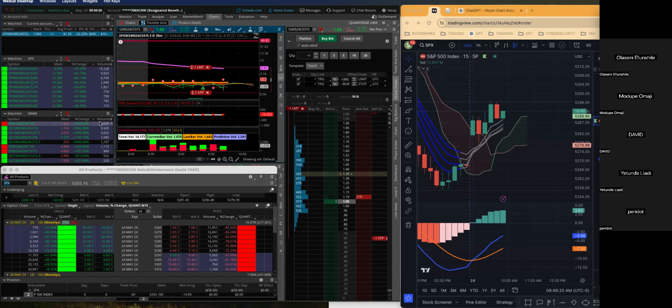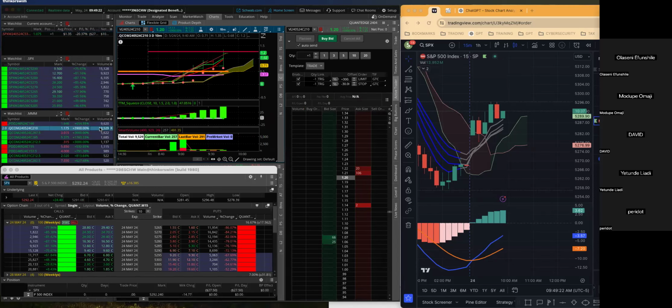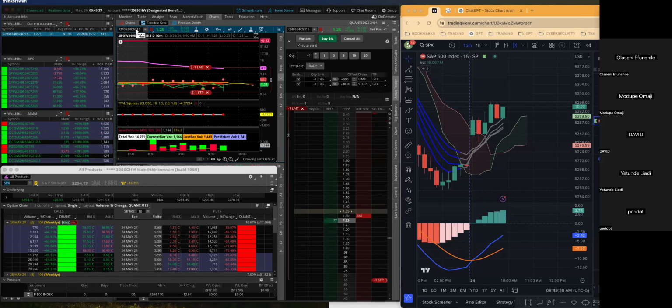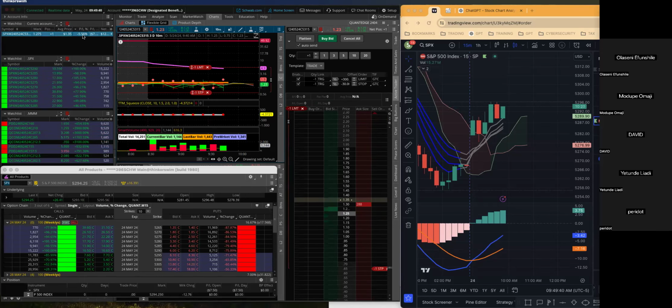But the potential comes with risk. The potential is very great, and once you accept that risk is part of the game, then it is much easier. Now this one that was down almost 40%, you see now it's reversing.